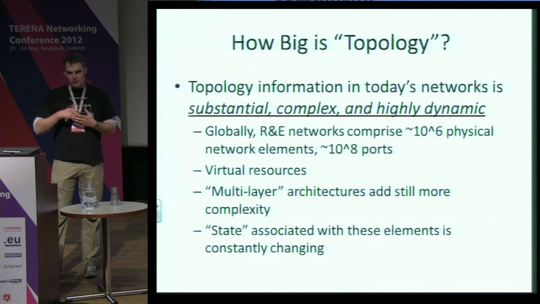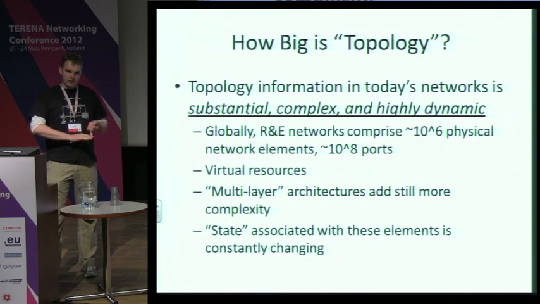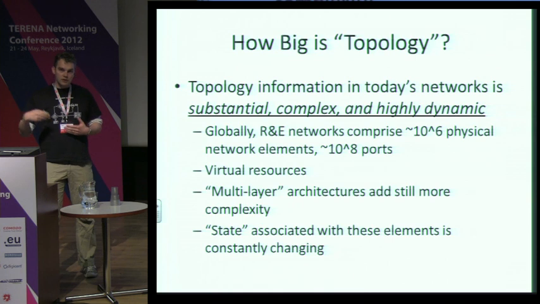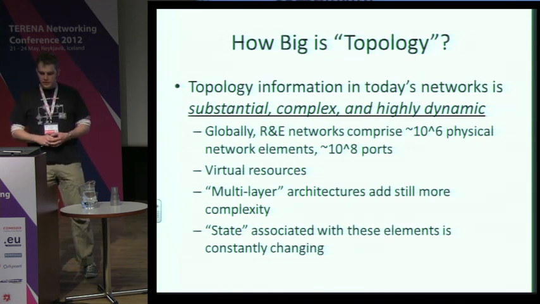And if you add to that virtual resources, then we have multi-layer technologies: there's DWDM, there's SONET, there's VLANs. Each of those adds more complexity, more labels, and more topology information about what is available and what you can do with the network.